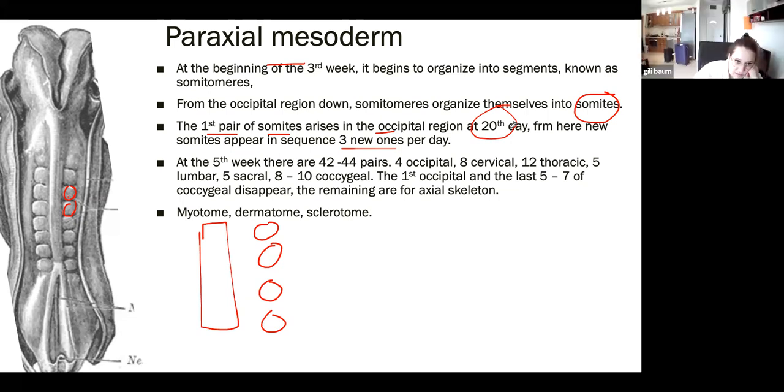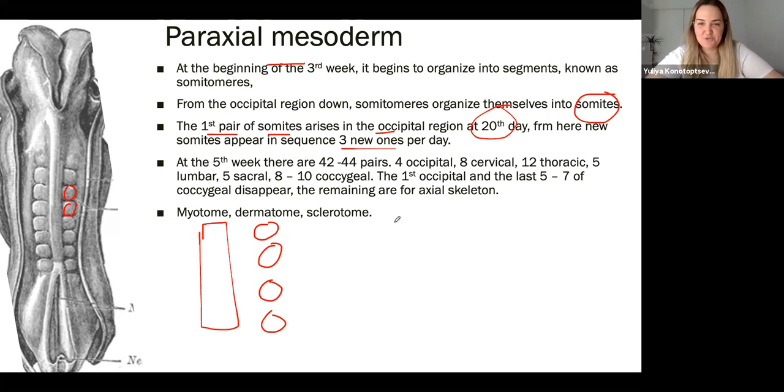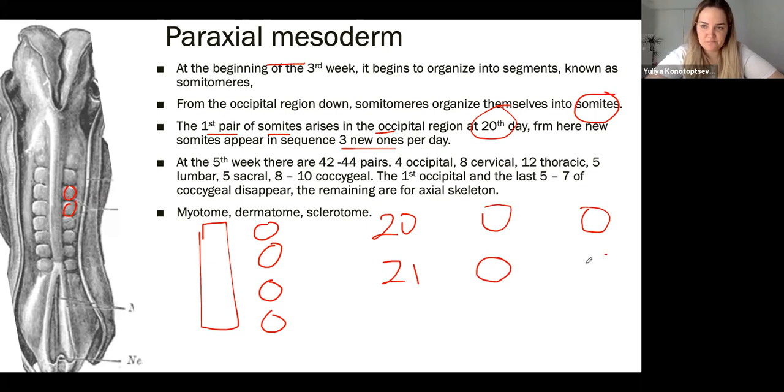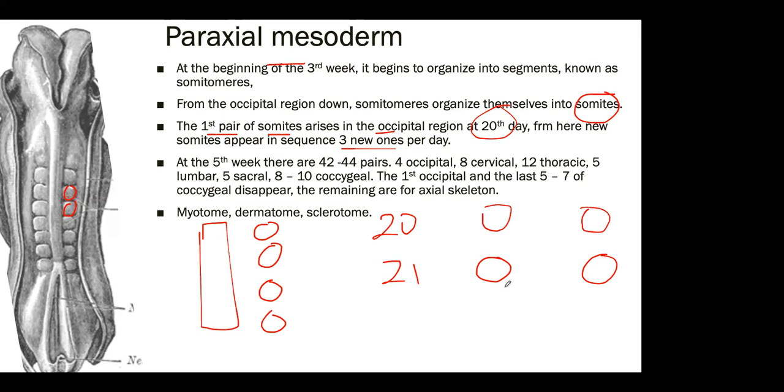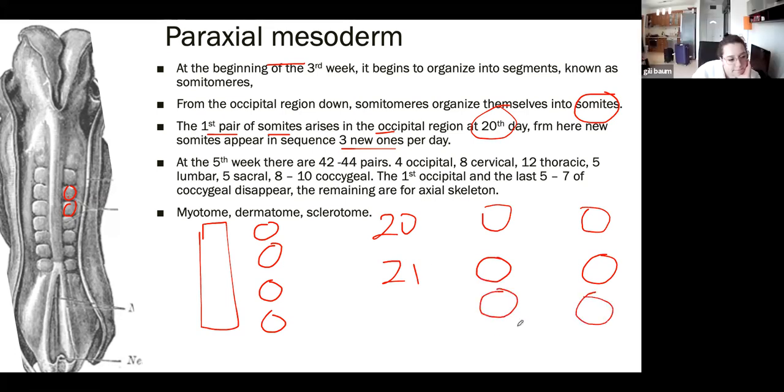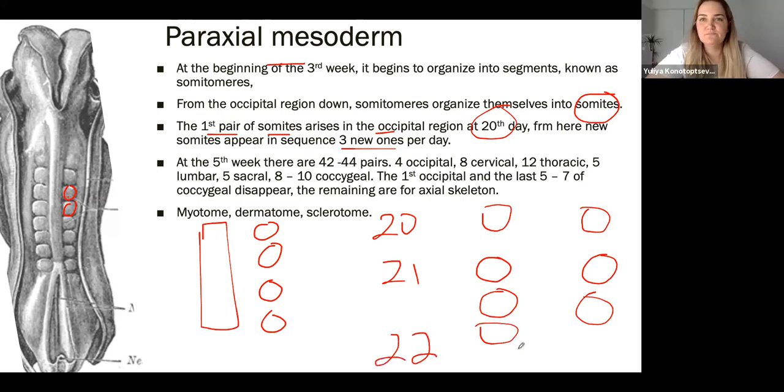7. Why 7? Let's do day 20. The first pair of somites appears. Day 21, how many pairs will appear? 3 pairs. Day 22, how many pairs will appear? 3.